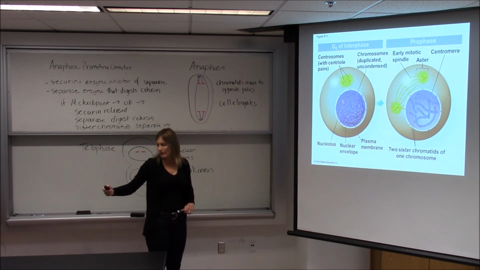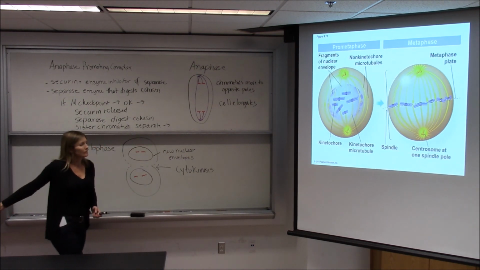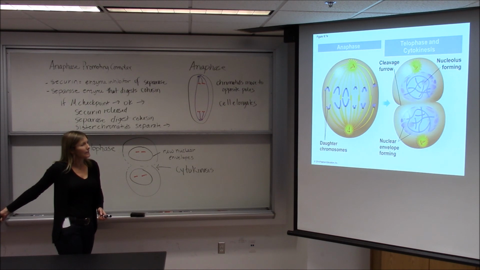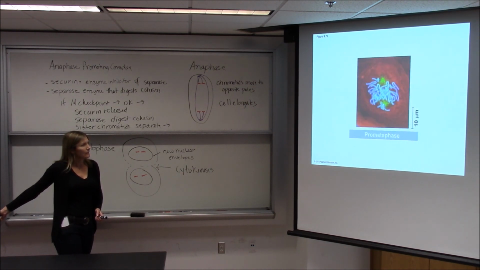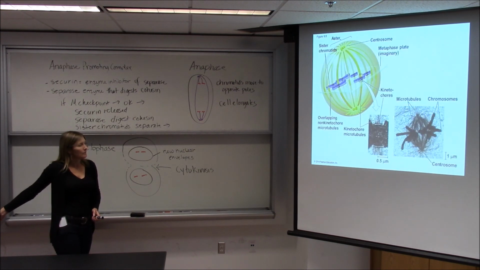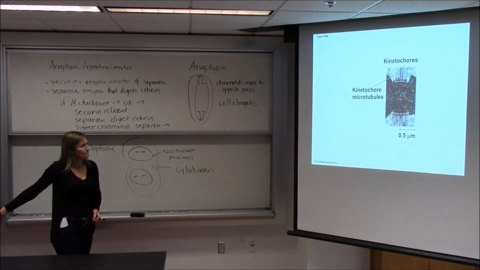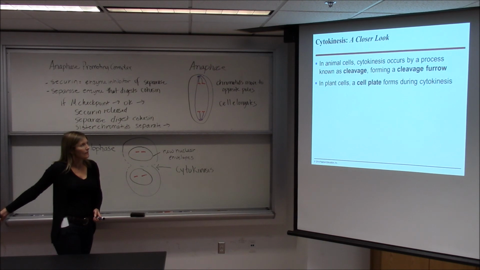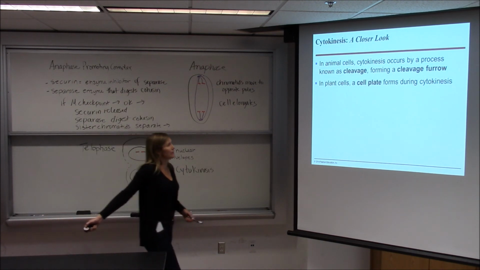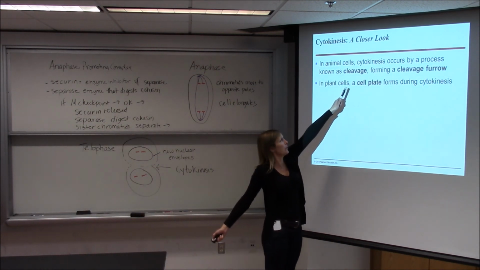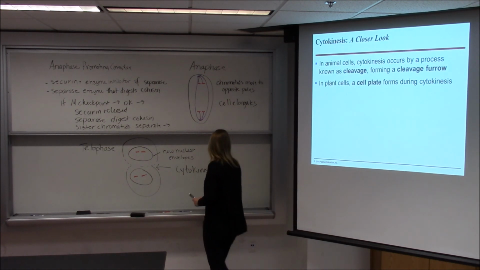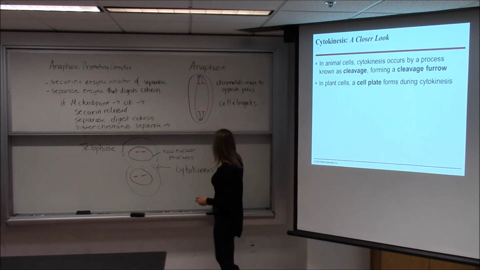Sorry, this is the cartoon version of interphase, then prophase, metaphase, anaphase, telophase. Cytokinesis. Animals are going to develop what's called a cleavage furrow, and plants are going to develop what's called a cell plate.